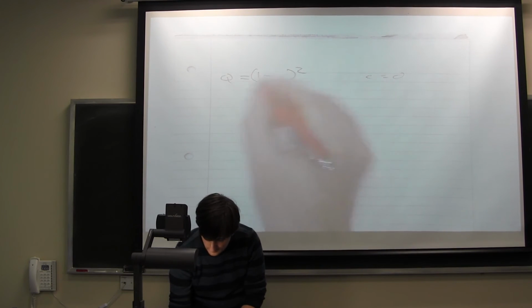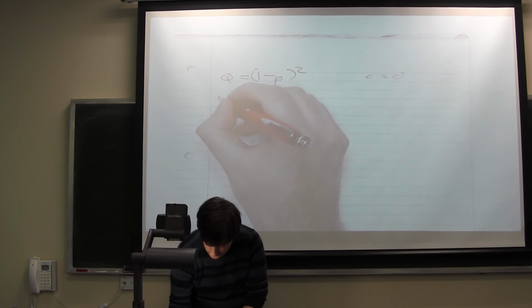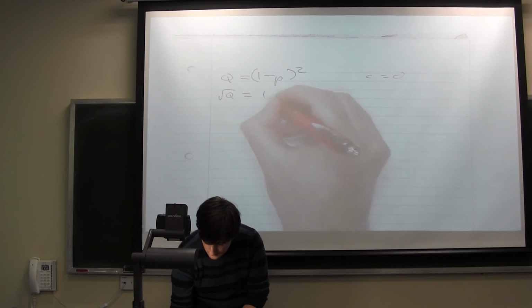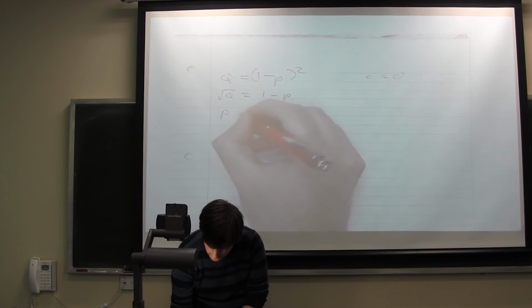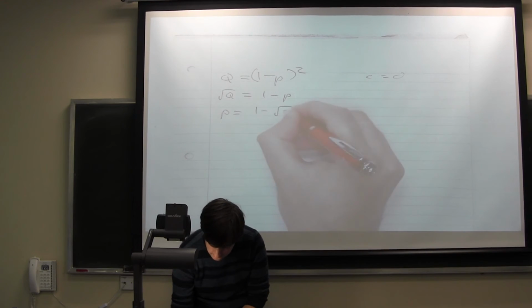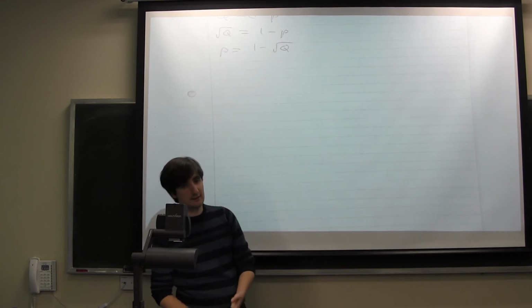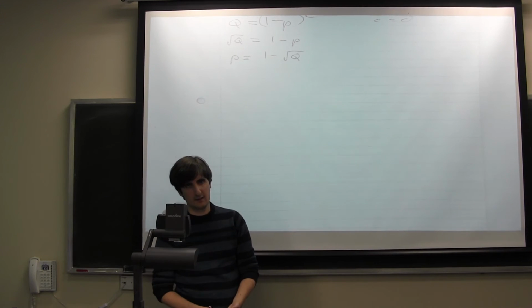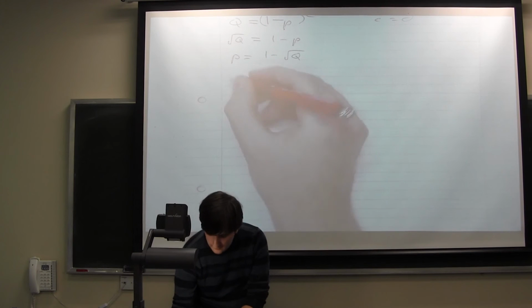Okay, so we want to invert the demand curve again. So the square root of Q is equal to 1 minus P. So P is equal to 1 minus square root Q. Okay, so that's the demand curve.